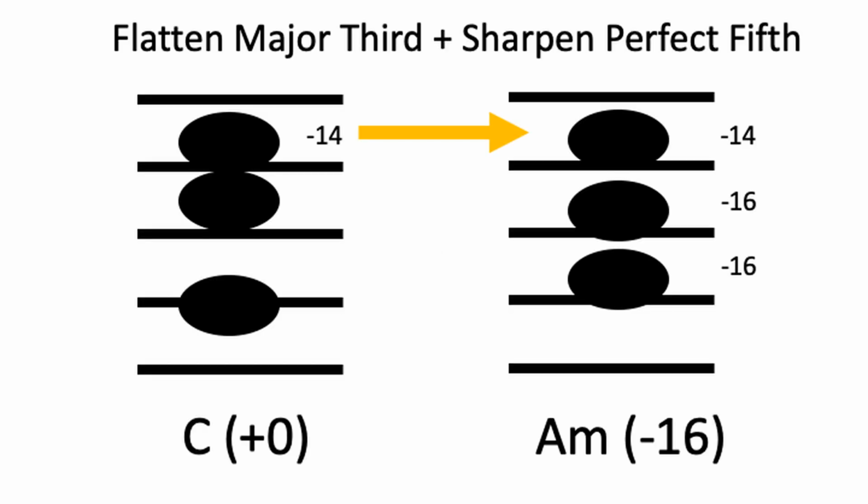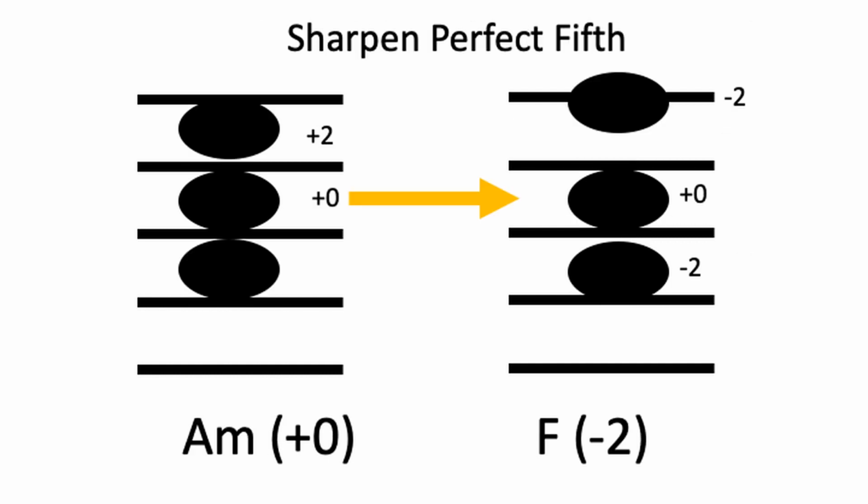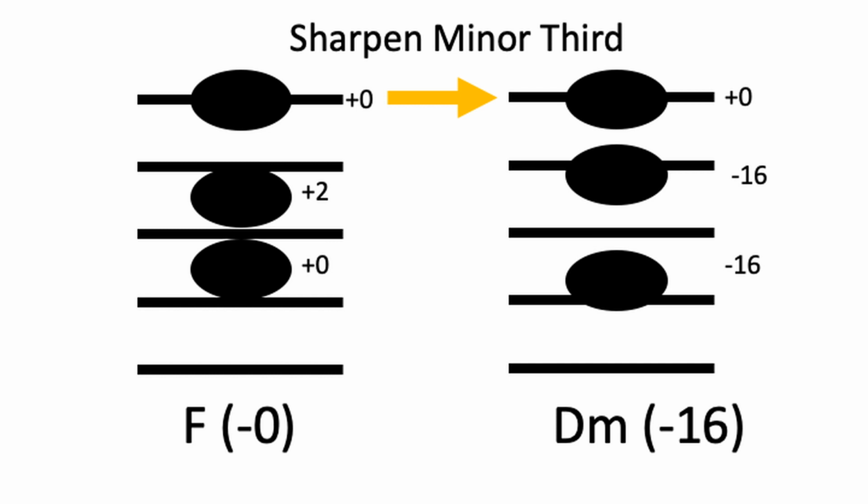So to recap, we flatten the major third and sharpen the perfect fifth to go from C major to A minor, 16 cents flatter. From an A minor, we can drop 2 more cents by sharpening the perfect fifth in F major. From an F major, we can go down 16 more cents by sharpening the minor third.